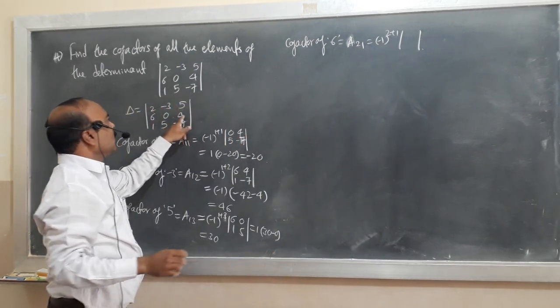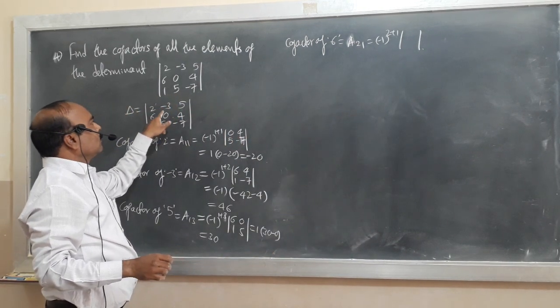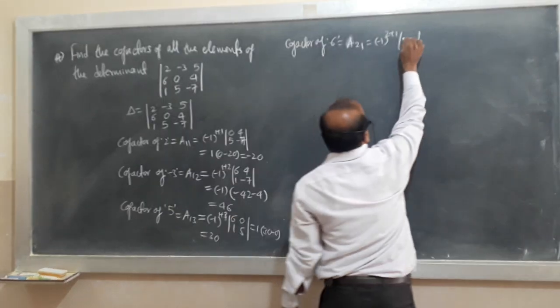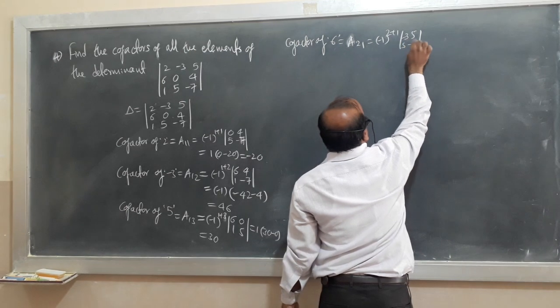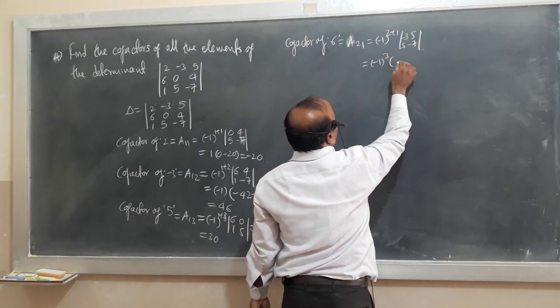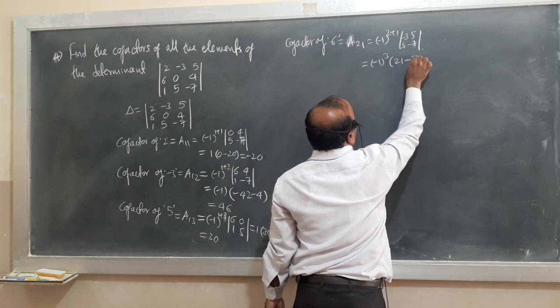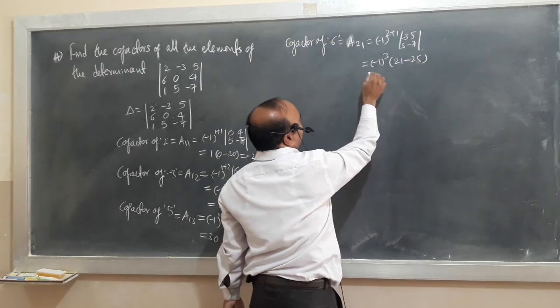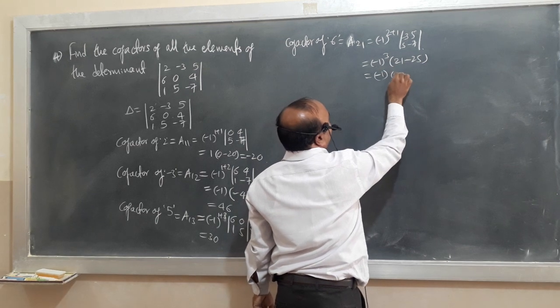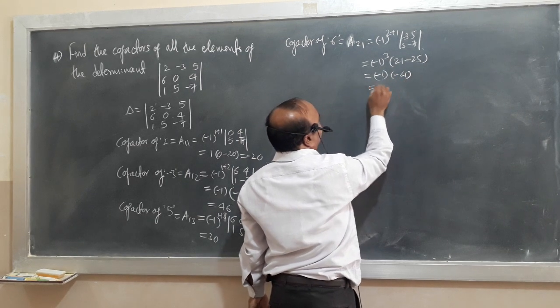For this element, deleting this row and column, we get -3, 5; 5, -7. So this is equal to (-1) cube into (21 - 25). (-1) cube is -1, into -4.